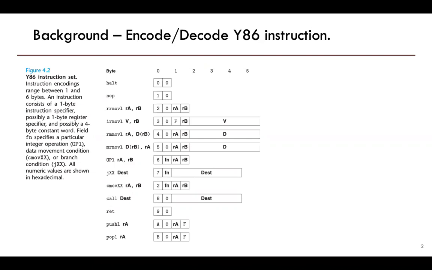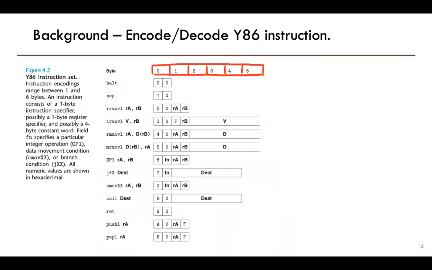Let me redraw this again. Basically, all the instruction formats have common information in the first 2 small boxes, like the first 4 bits or the first byte, right?